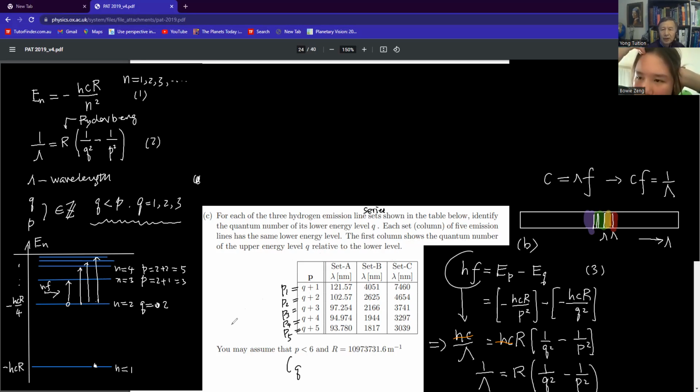Let's draw a diagram here. This is Q, and this is the upper level. How many steps? 1, 2, 5.